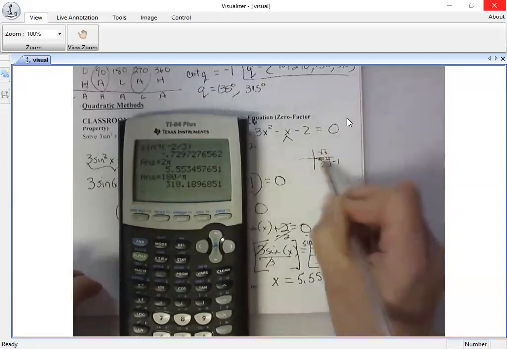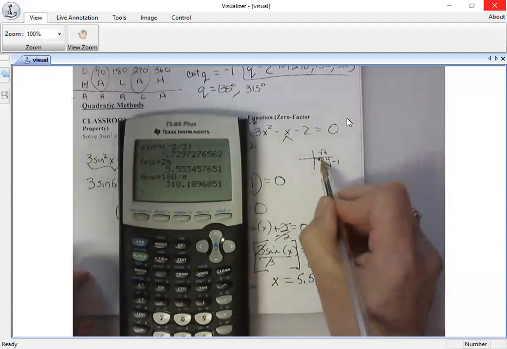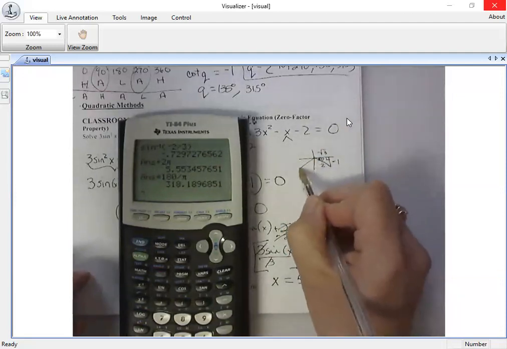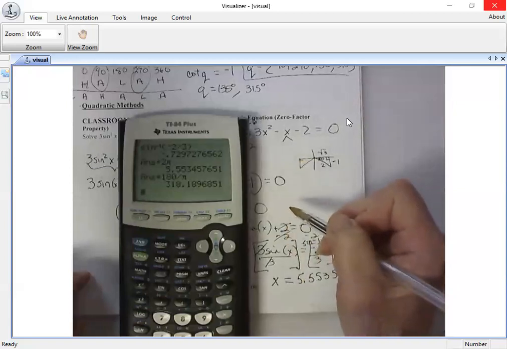And so if we were talking about the sine, and we wanted to know where the sine is -1/2, that would be this angle right here, right? Okay, but would it also happen in the third quadrant? Yes? Okay.